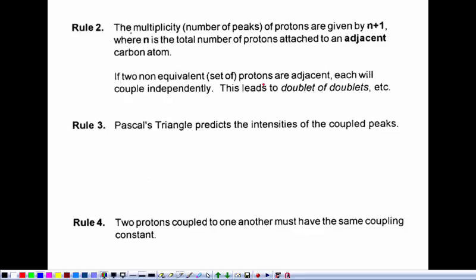So in this case, A would be split by B and then by the neighbor. So this hydrogen would be a doublet by B and then a doublet over here, and B would be a doublet from A and there. So you have to be careful that sometimes that will happen.